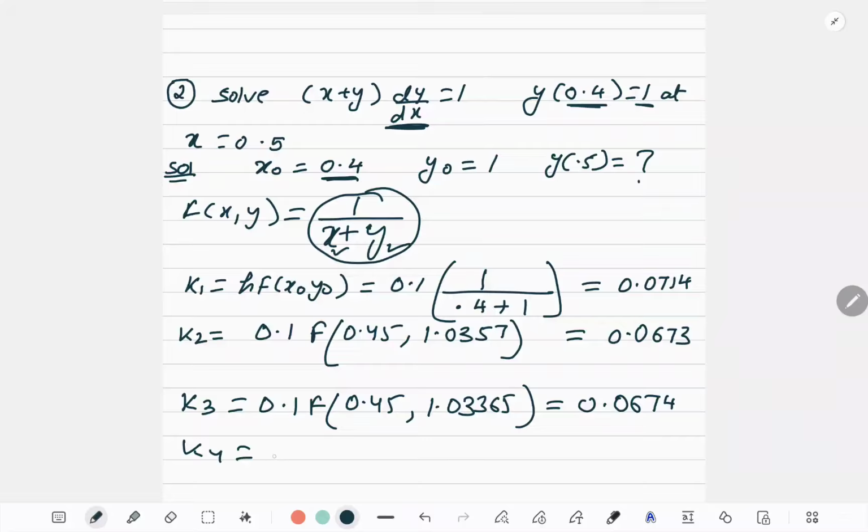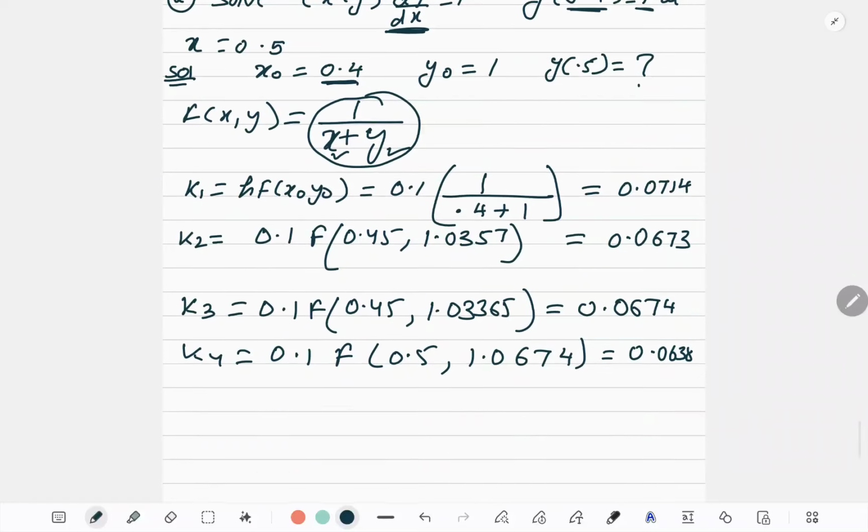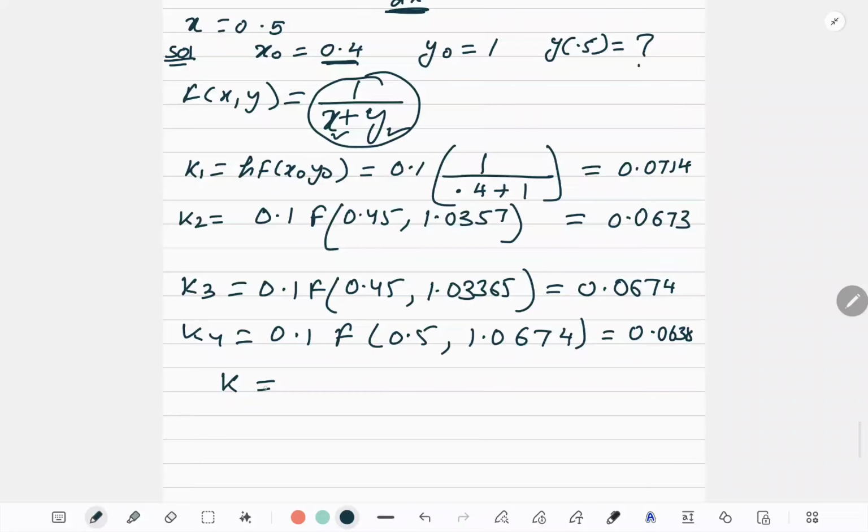And k4 will be equal to 0.1, value of the function at 0.5, 1.0674, which will be equal to 0.0638. Now substitute all this in the formula of k. So you will get the k value as 0.0674. So your y1 value will be 1.0674. Right? So this will be the value of your y1.